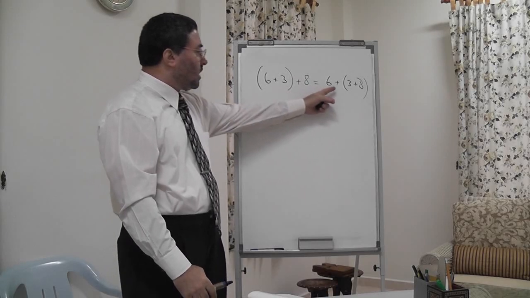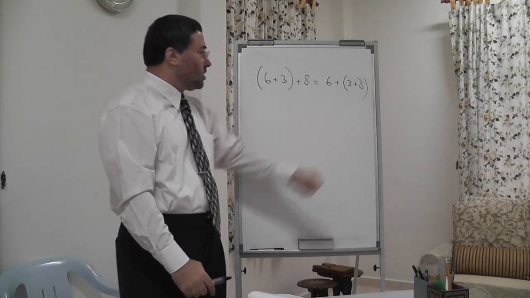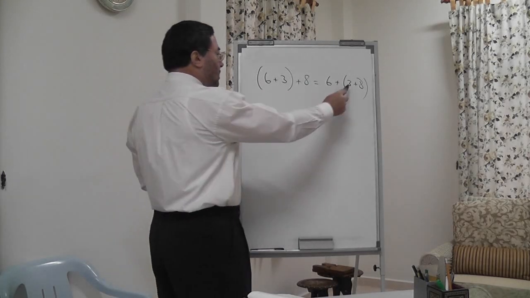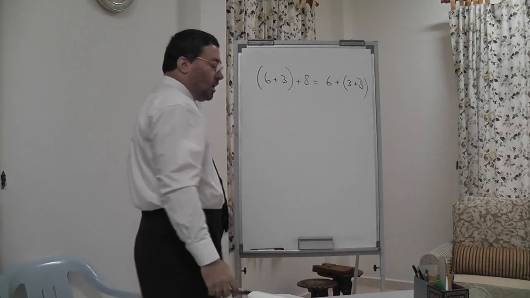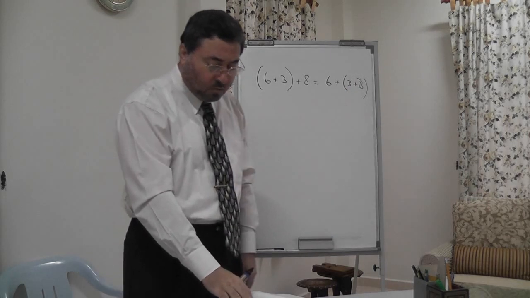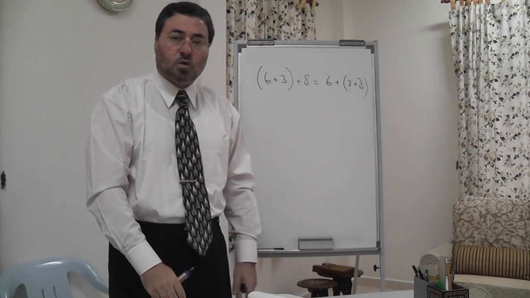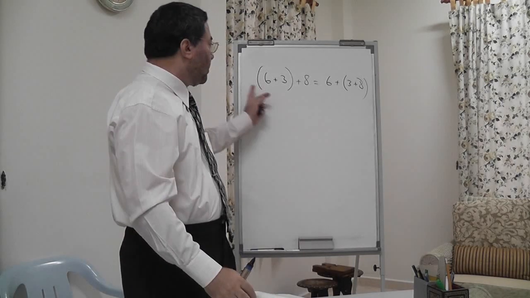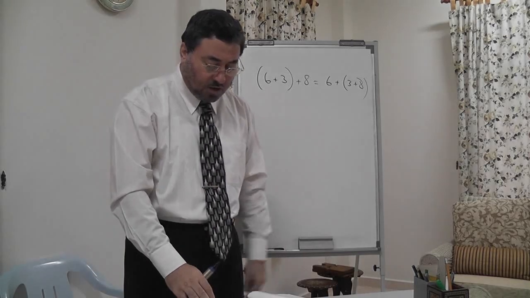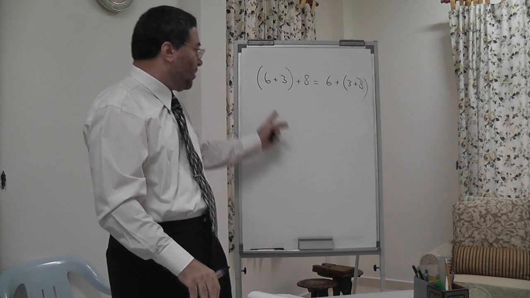And on the other side, we change the association, and we associated here the 3 with the 8. Now, these properties work for more than 3 numbers or 2 numbers. We might have here 4, 6, 7, whatever number of numbers.